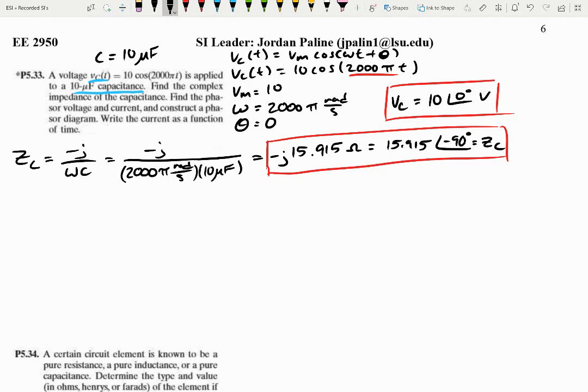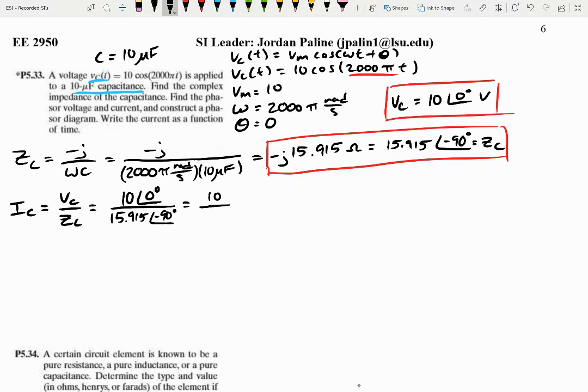What else do we need to find? Current. So let's find current. I of C will be V of C divided by Z C. Okay. Well, since we're dividing, let's go ahead and use phasor. So 10 at angle 0 for the voltage, 15.915 at angle negative 90 for the impedance, which we just found.